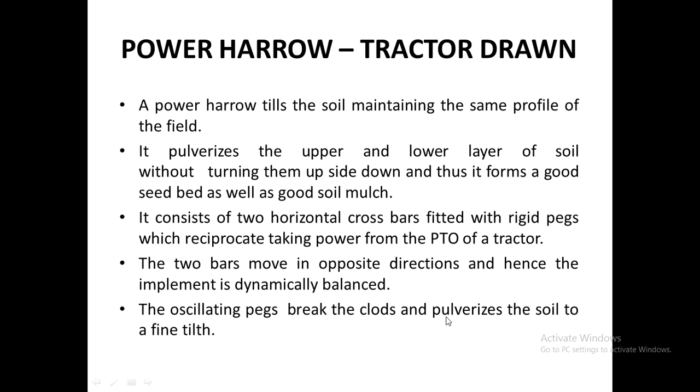The power harrow is completely different from the previous harrows which we saw. A power harrow is a harrow which uses power or energy from the tractor through the power takeoff shaft, and this energy applied to the harrow helps the blades or the tooth to move.